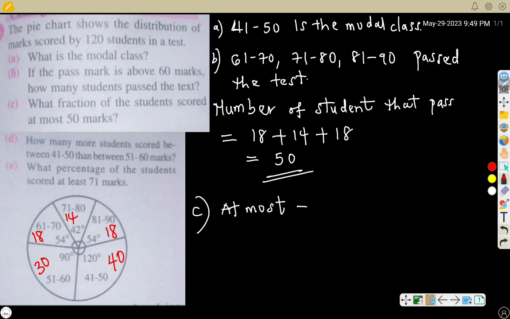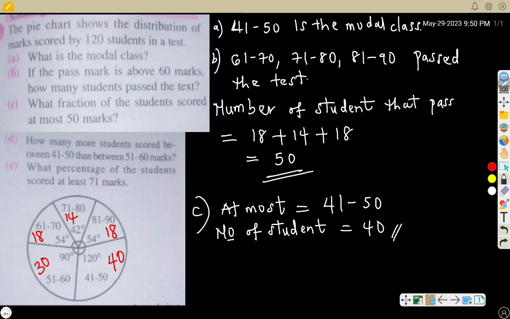Highest must be 50, so the one we will pick is this, 41 to 50, meaning 50 below. So the number of students there is 40. We found that.